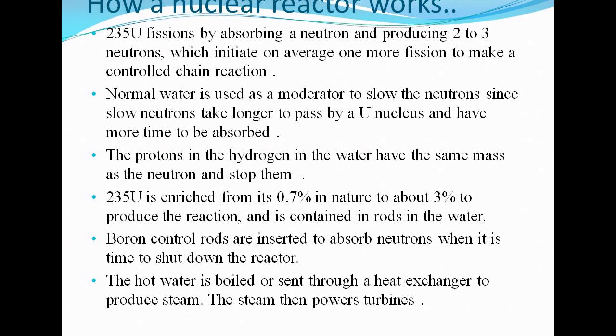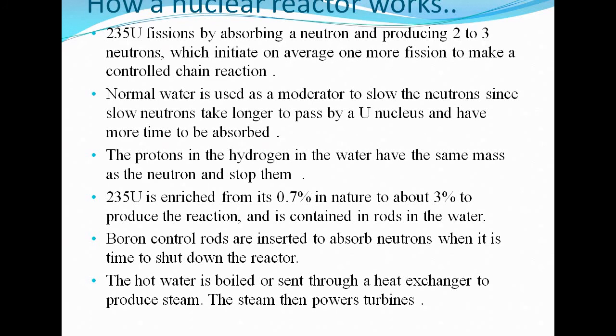Then uranium-235 is enriched from its 0.7% in nature to about 3% to produce the reaction, and it is contained in rods in the water. So this is about the uranium, which is enriched from 0.7%, which is naturally available in nature, to about 3%. So it will start the reaction.